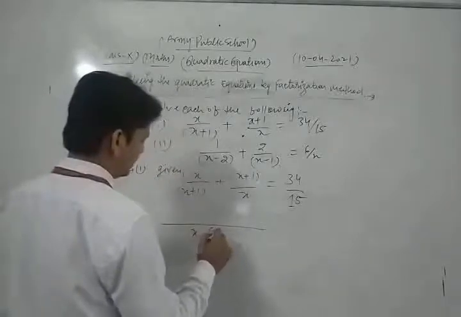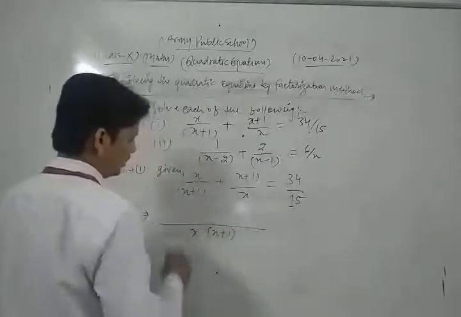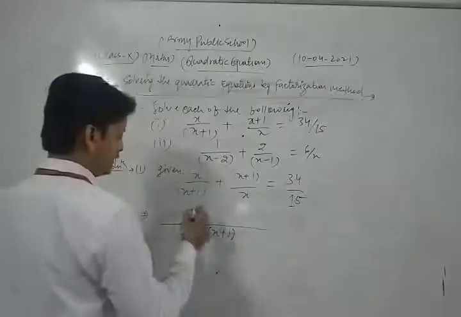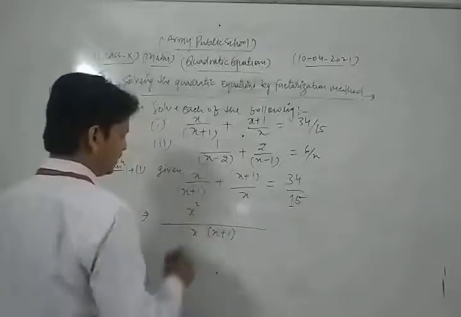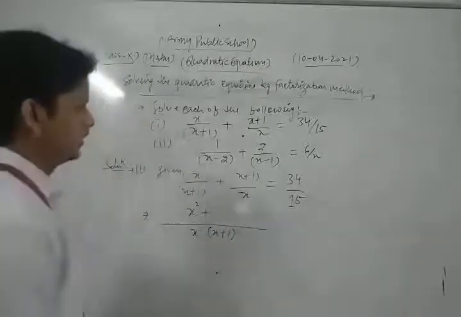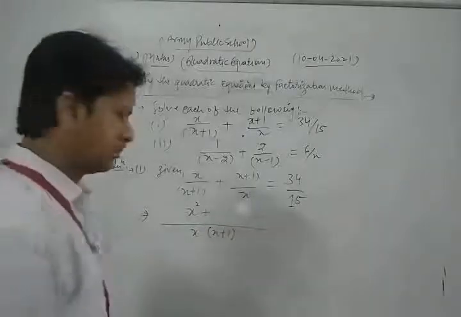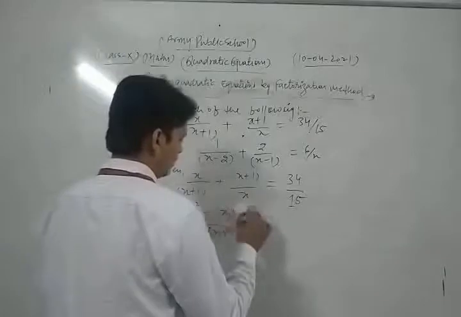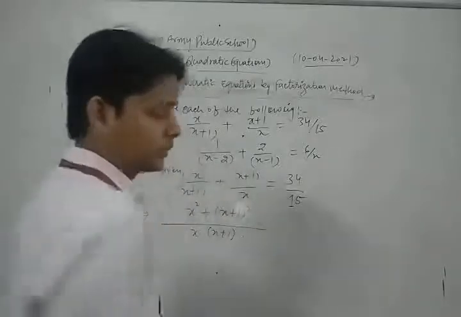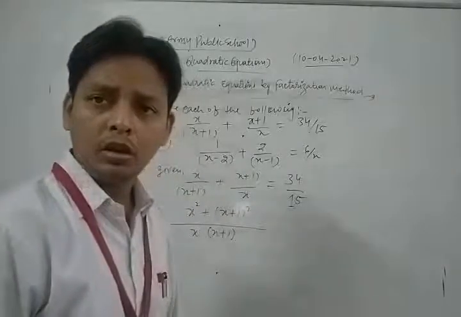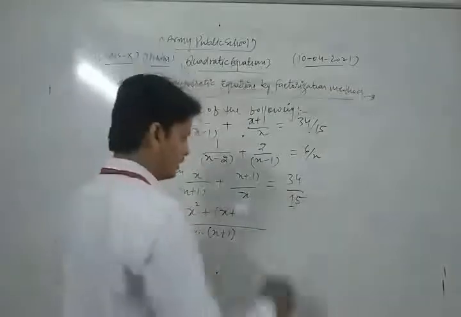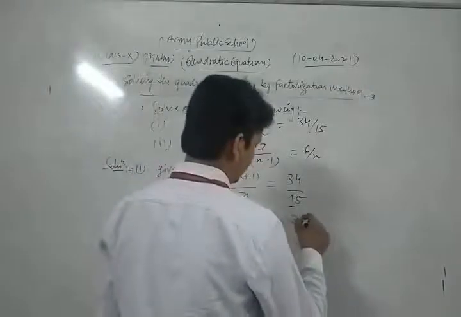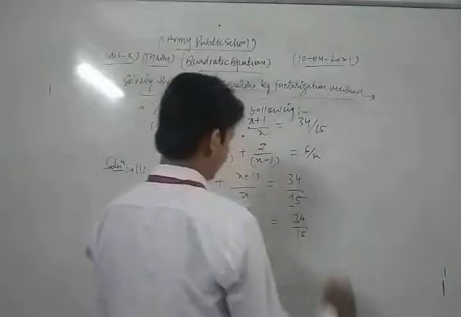Let's take x plus 1. Now x plus 1 cancels, x into x is x square, and here x cancels after dividing, so x plus 1 whole square. Now it is equal to, we write 34 upon 15 as it is.